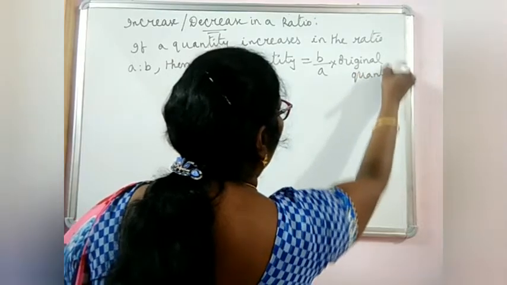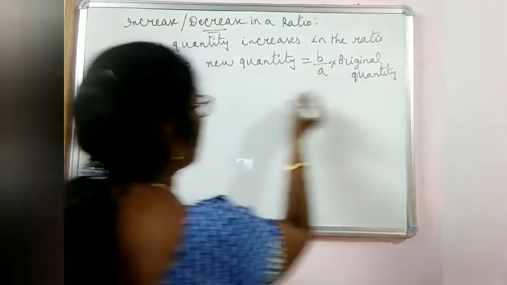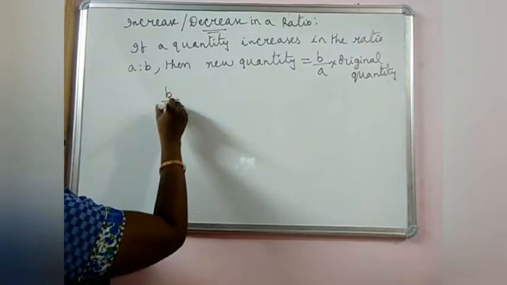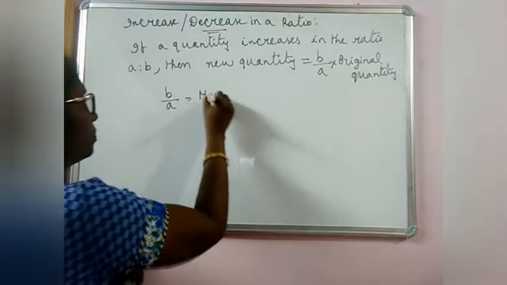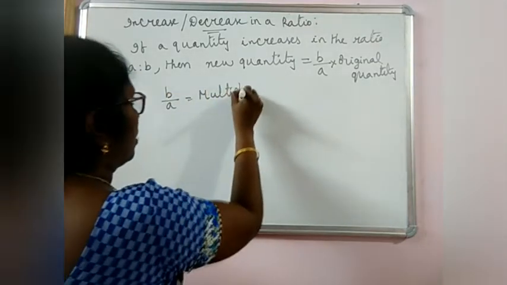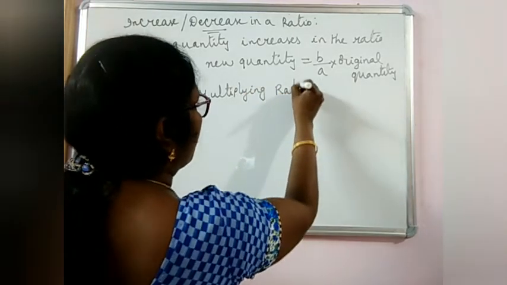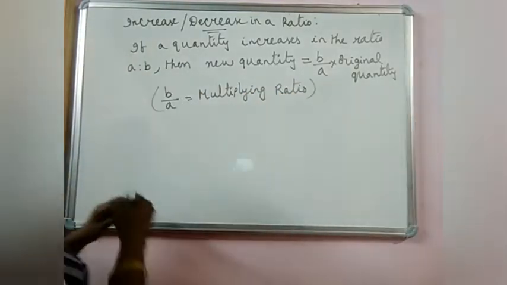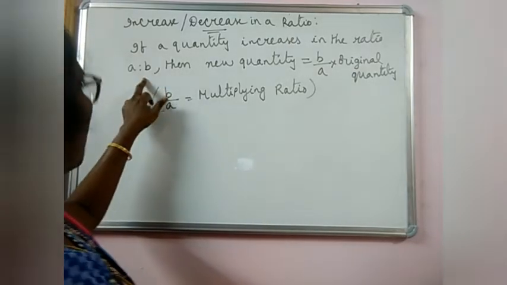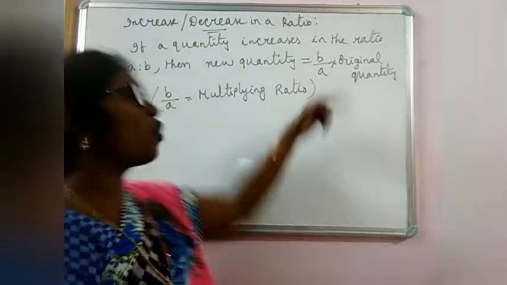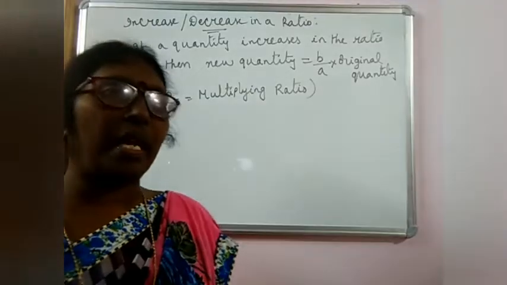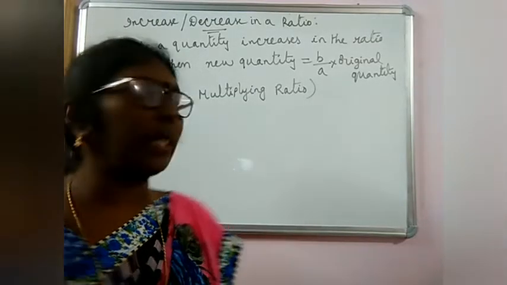And this B by A is known as the multiplying ratio. If the original quantity increases in the ratio A is to B, then the new quantity is B by A into the original quantity.